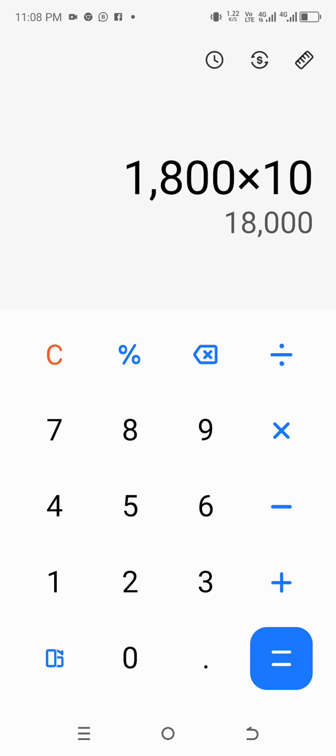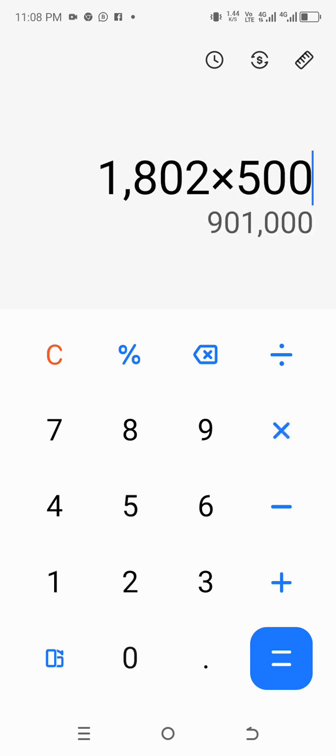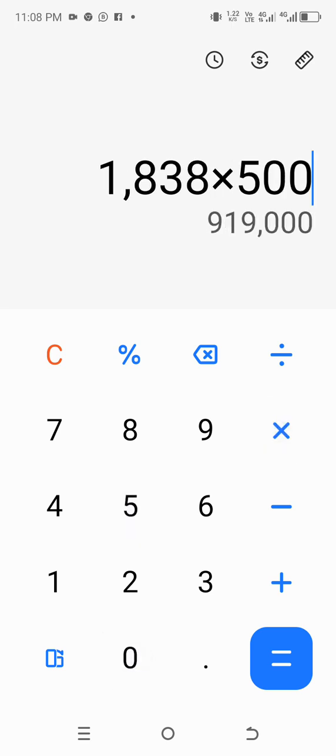Now imagine you are using 500 USDT: 1,802 times 500, and sell it at 1,838. You can see it now, you've made 18,000 naira profit.